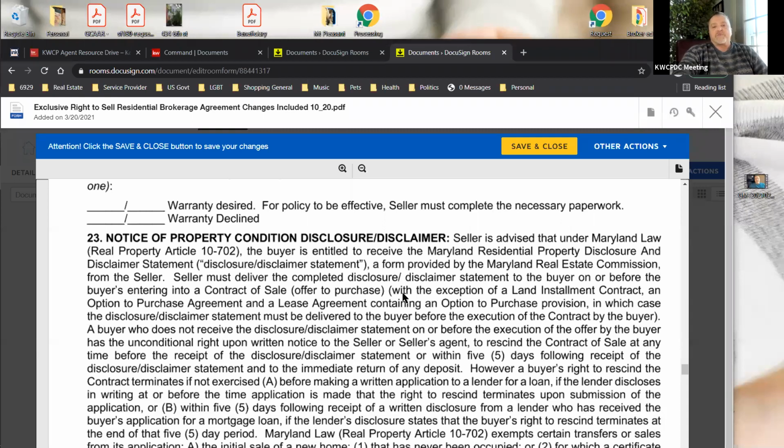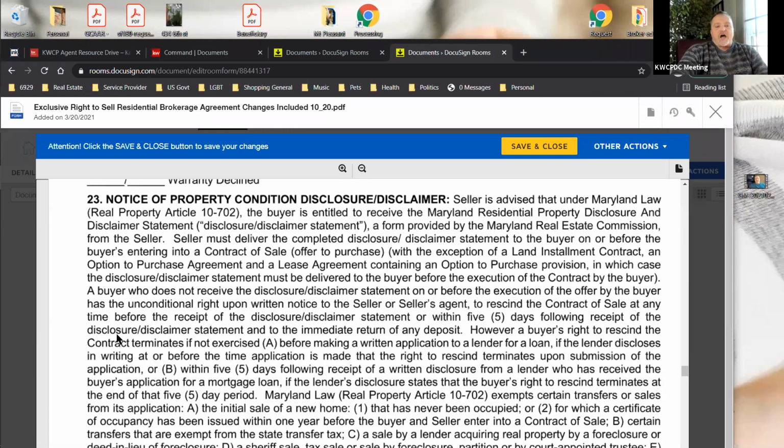The exception is a land installment contract, an option to purchase agreement, and a lease agreement containing an option to purchase provision, in which case the statement must be delivered to the buyer before the execution of the contract by the buyer.